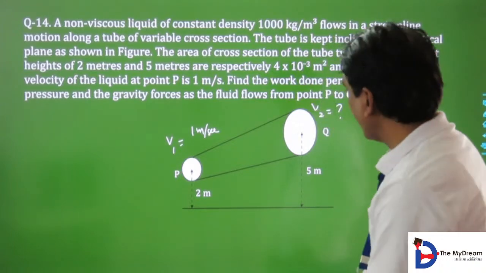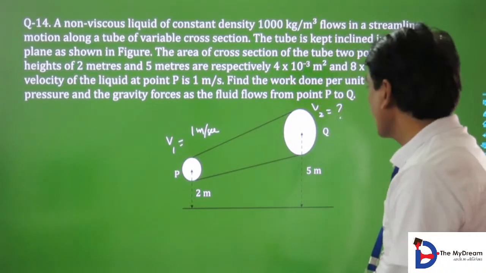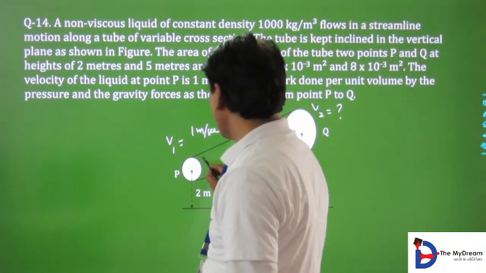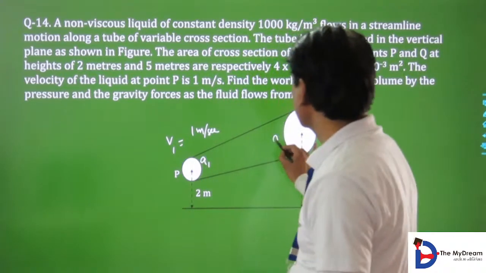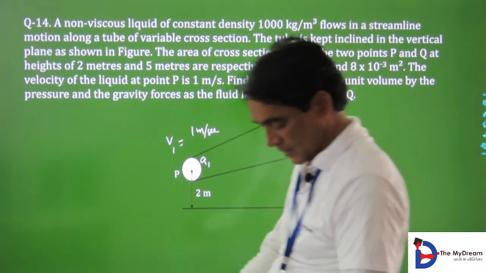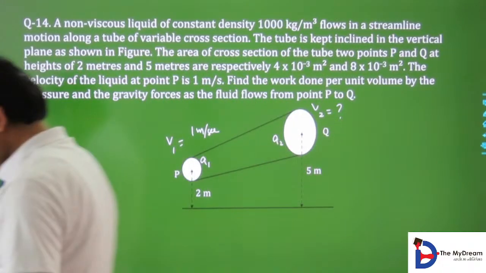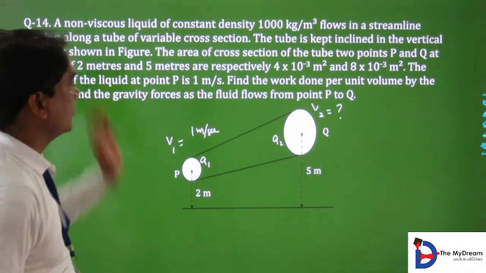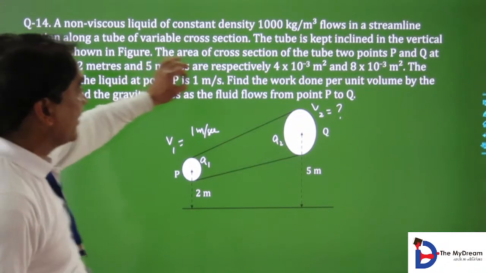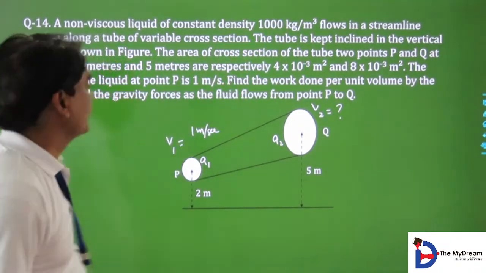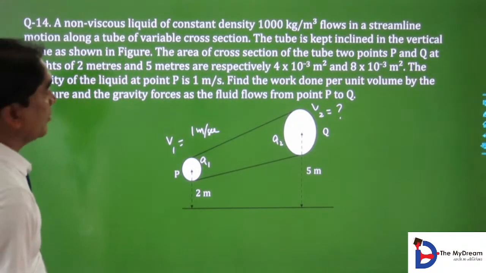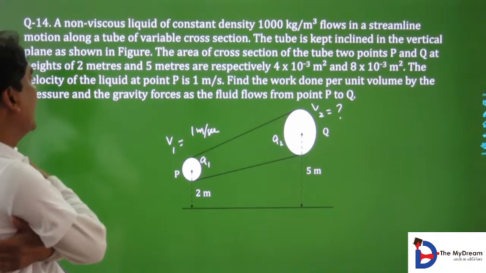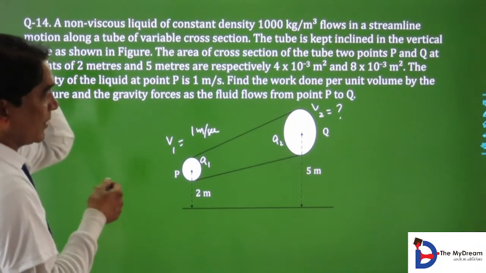First we can find out V2 by using the equation of continuity. Then find the work done per unit volume by the pressure and the gravity forces.